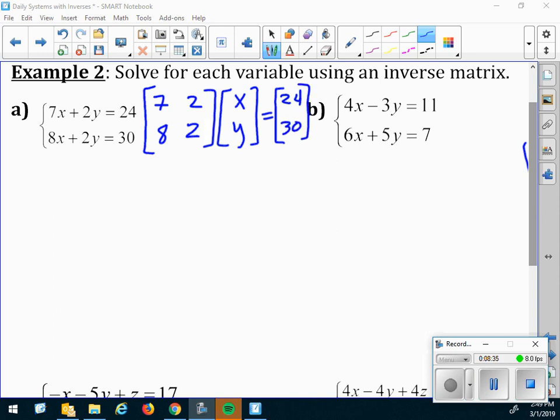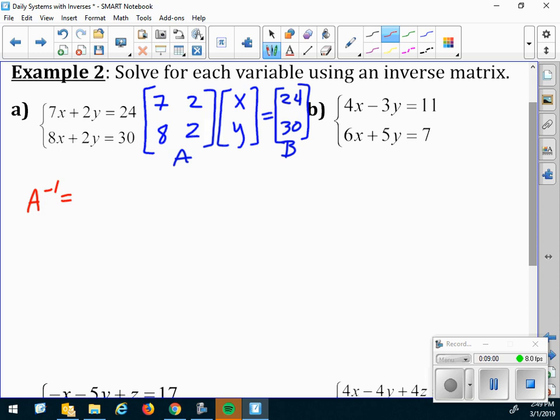If you can squeeze that into the side, I think you'll be all right. Now, I want you to call this matrix A and call this one matrix B, just so that you can write A inverse equals, so you'll know, hey, I'm finding the inverse of that matrix.